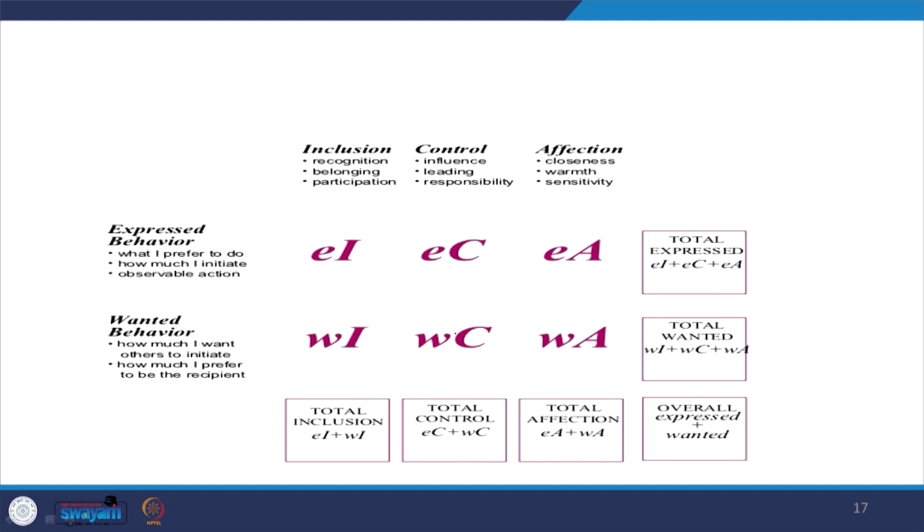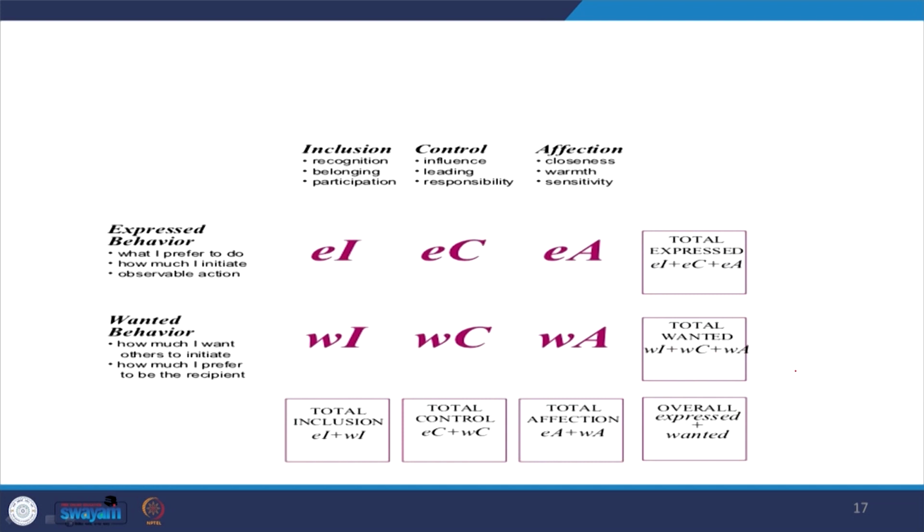Total wanted behavior will be WI plus WC plus WA. When we talked about expression, it was EI plus EC plus EA.